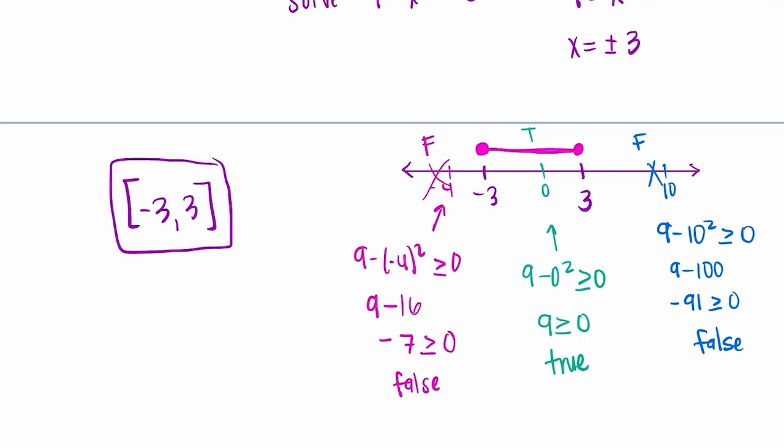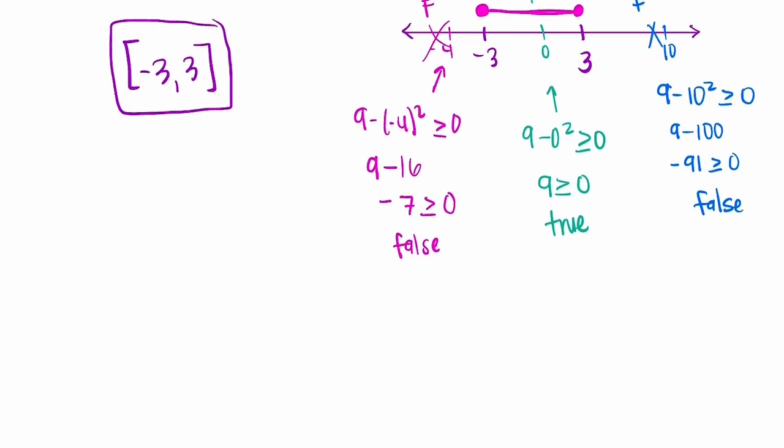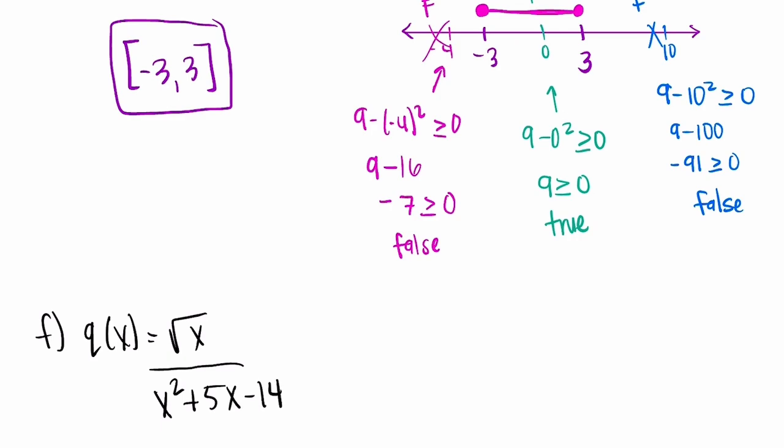Okay. So I just have one more I want to look at. Maybe call it Q of x is the square root of x divided by x squared plus 5x minus 14.